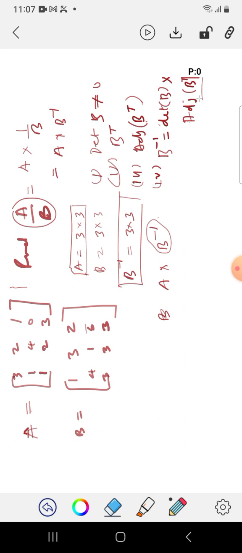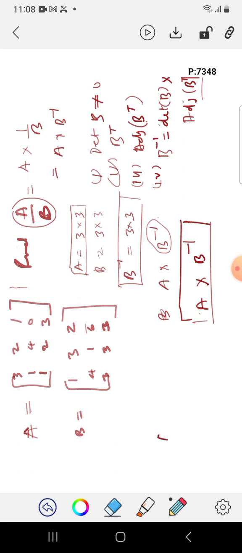When you have done that, you can now multiply A times everything you have found, B inverse, using multiplication of matrices. And will it work?